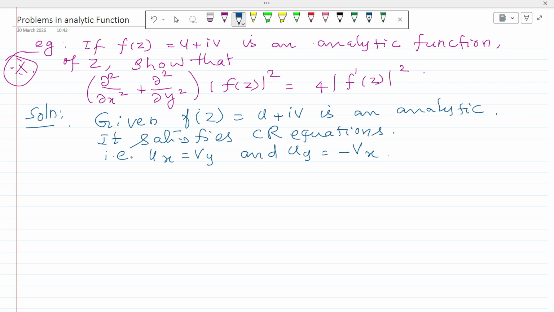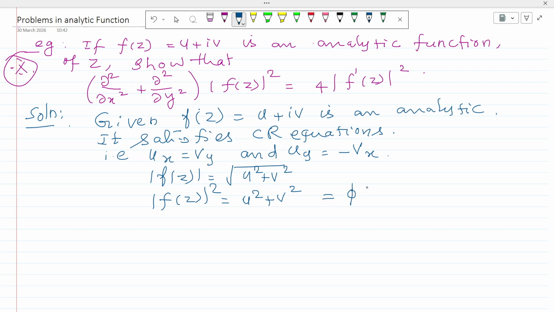Now listen, f of z equal to u plus iv. What is mod f of z? Mod f of z equal to square root of u square plus v square. So mod f of z whole square equal to u square plus v square.